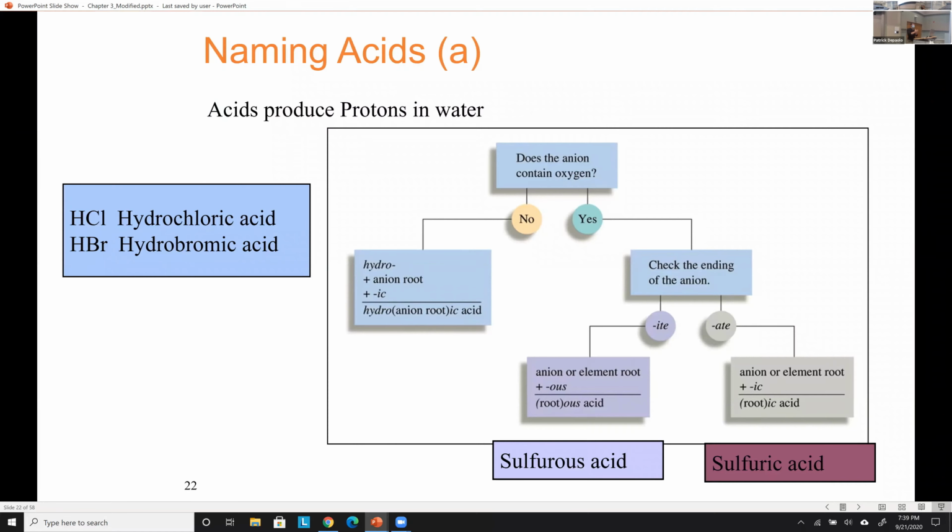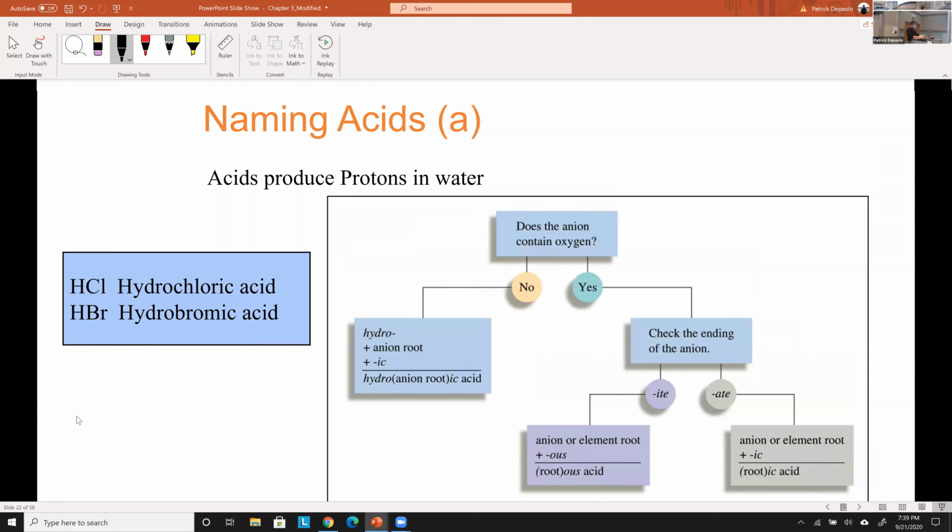You change the chloride to chloric, hydro in the front. Hydrobromic acid, hydroiodic acid, just to name a few. You have HCN, hydrocyanic acid. Those are just some. Oh, if you have H2S, that's hydrosulfuric acid, which is actually different than sulfuric acid. So that's important. Stuff like that is important to mention.